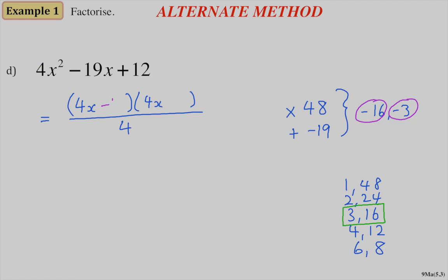So negative 16, negative 3. When I look at it, 4 divides into everything in the first bracket. So let's go through this process. If I divide 4 into 4, I get 1. So I get 1x minus 4 into 16 goes 4. There's my first bracket. The second bracket won't change because the 4 does not divide into the 3. You can only divide it into one bracket.